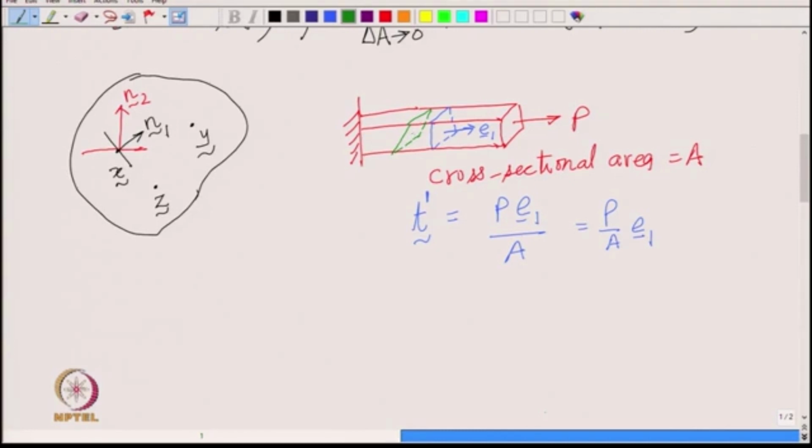So, that is the normal which I denote by E1 hat, and suppose the normal makes an angle theta from the axis. Okay. So, I will write here that E1 hat makes an angle theta from the axis, which in this case is E1.